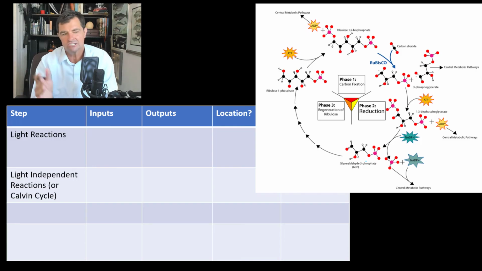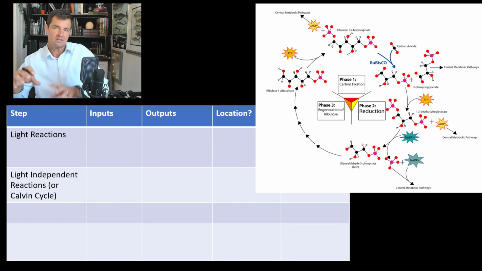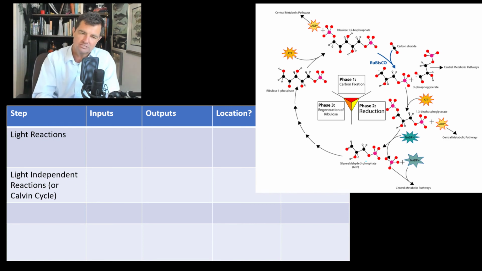Okay, so let's go through and do the same thing we did for the light reactions and talk about the light independent reactions of the Calvin cycle, put it on our chart, figure out what's going to go where, what are our inputs that are important, what are our outputs, where it occurs, what's our main goal. And so, first of all, in the light independent reactions, we have this enzyme that we just talked about called Rubisco, and you don't have to learn the long name of it if you want.